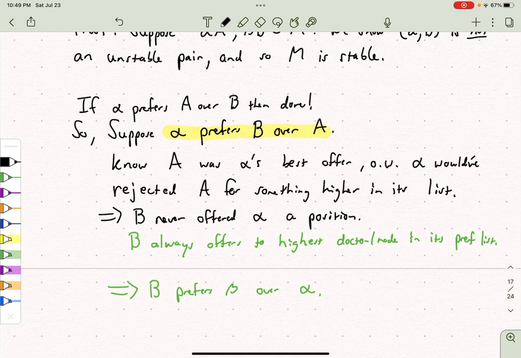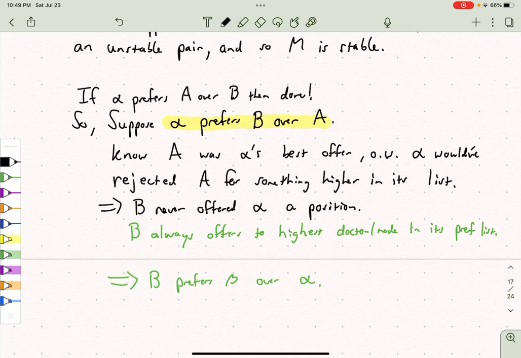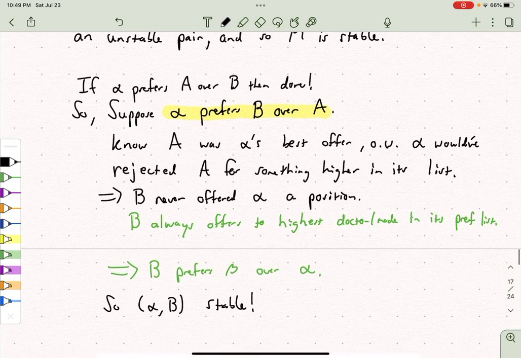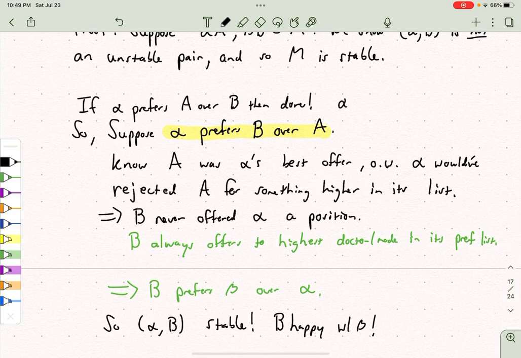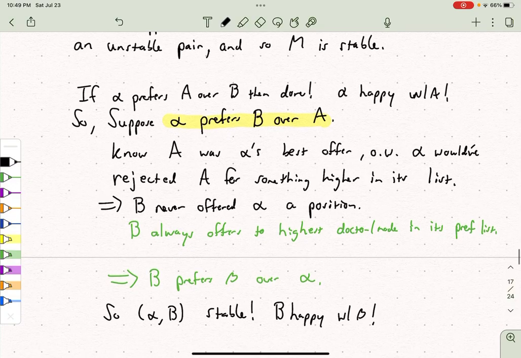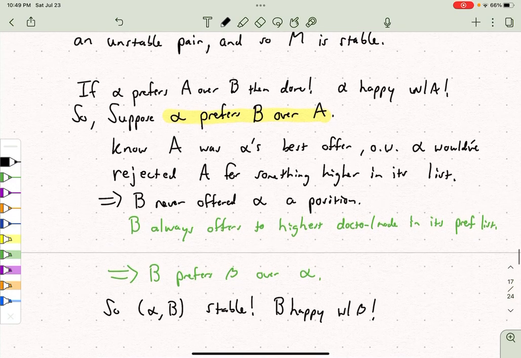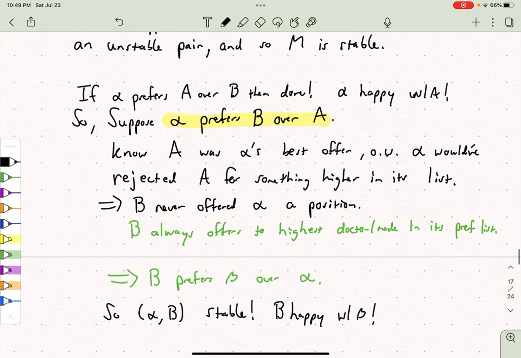Now, what happens last? Well, if B prefers beta over alpha, then that's not an unstable pair. B has no reason to choose alpha over beta. B prefers beta. B is happy with beta. Similar to here how alpha was happy with A. No reason to leave. So in either case, we know that the pair alpha B is actually stable.